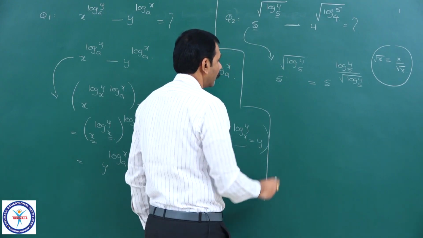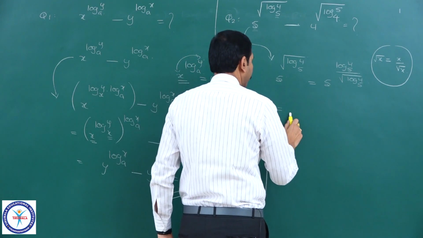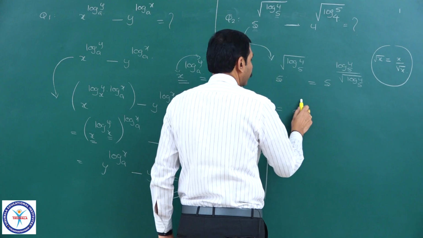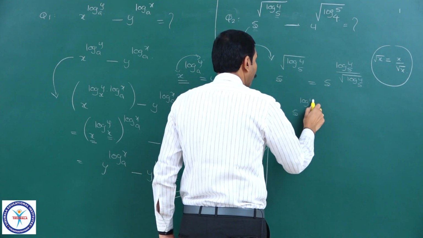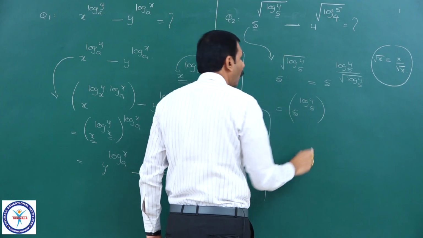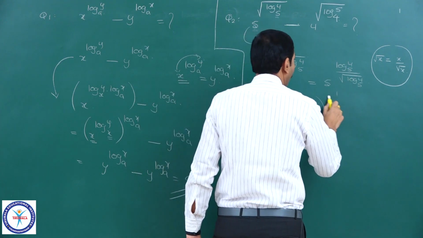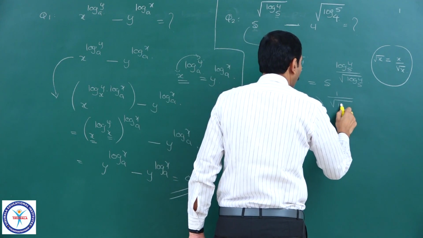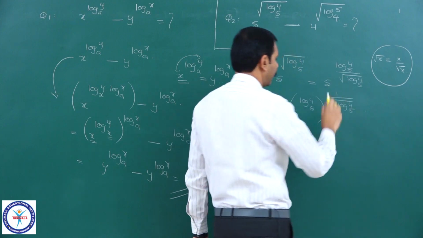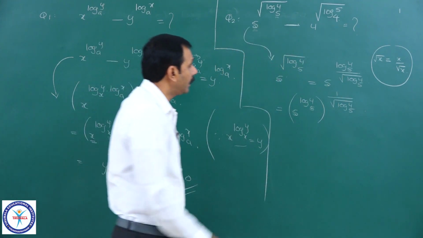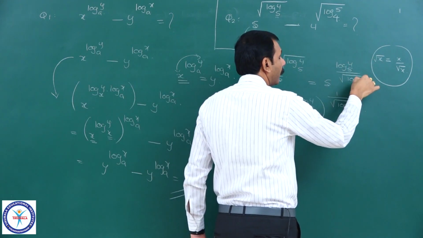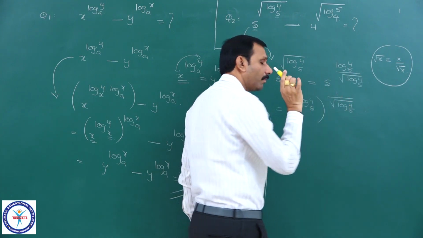Now this can be written as 5 power log 4 to the base 5, whole power 1 by root of log 4 to the base 5. It is of the form a power m whole power 1 by n.